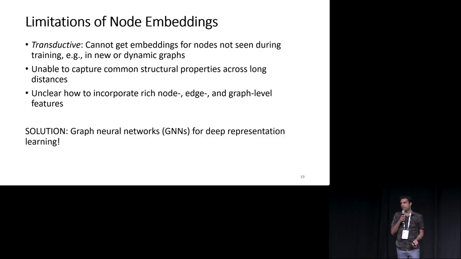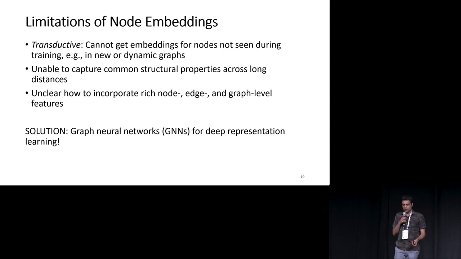Okay, so node embeddings work fine in a number of instances, but what are their limitations? One of the biggest limitations is that you can't really get embeddings for nodes that you haven't seen during training, like generalizing to new or dynamic graphs.